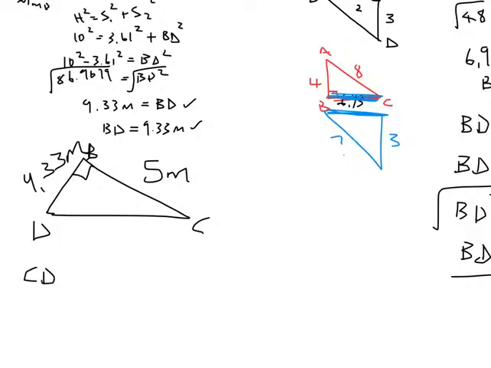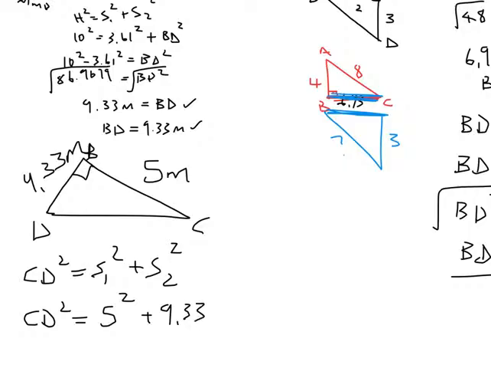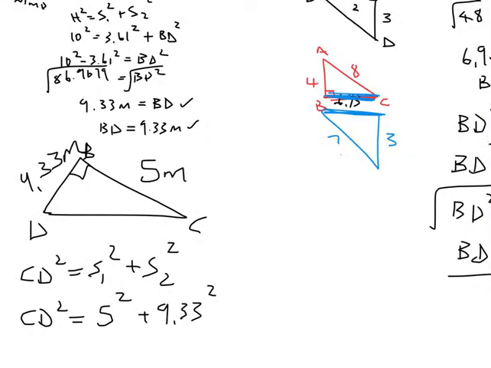I will therefore say CD squared equals obviously side 1 squared plus side 2 squared, and then CD, which is what we are looking for, will be equal to 5 squared plus 9.33 squared, which equals 112.0489.